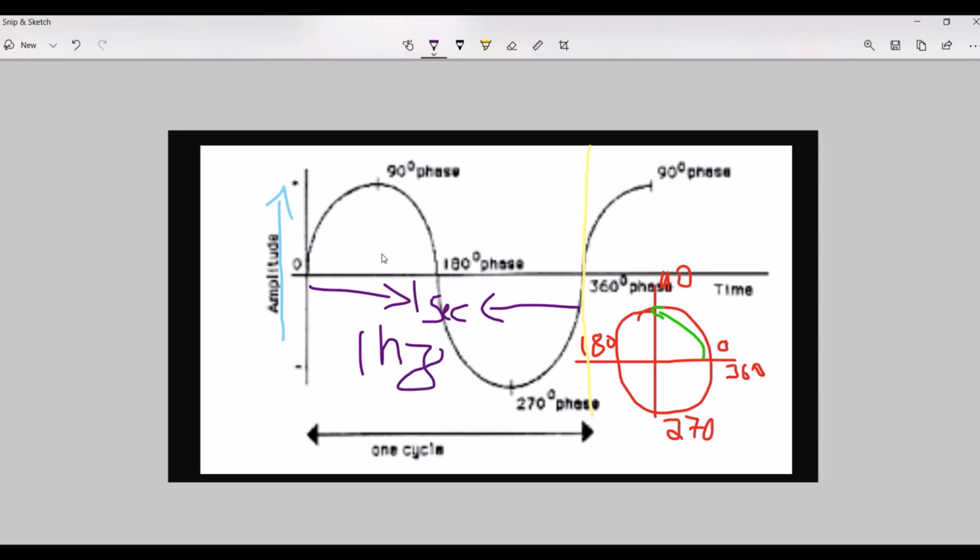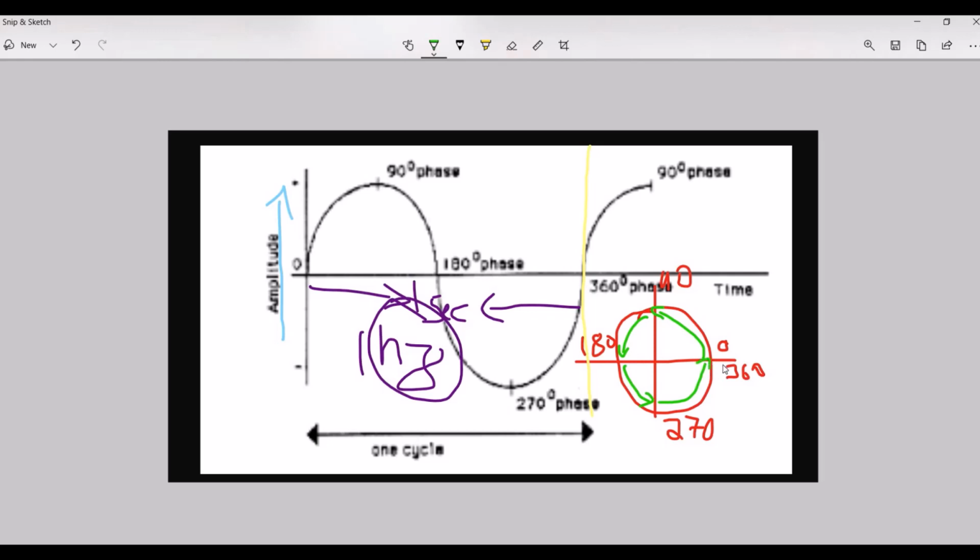But if we complete 2 cycles in a second, then this is called 2 hertz. This is the unit of measurement of frequency. So this is the phase. I hope it is clear how the phase comes about. From 0 to 90 degrees, then it goes to 180 degrees, then to 270 degrees, and from 270 degrees it goes back to the original position.